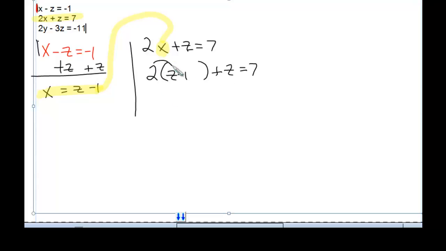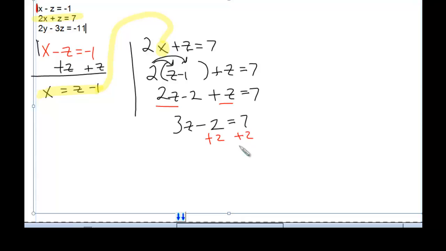At this point, we need to distribute. So 2 times z - 2 + z = 7. Combine our like terms, and 2z + z gives me 3z. Adding 2 to both sides gives us 3z = 9. Dividing by 3, and z is equal to 3.